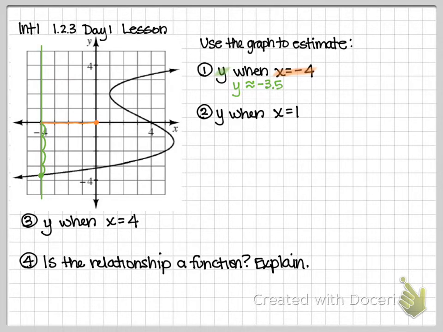Now I'm going to go back to my graph and erase what I put there so it's not too distracting for the next one. So if I take a look at the next one, x is 1, and I'm trying to find the y. All right, let's get rid of those marks. And we want to go 1 in the x direction.